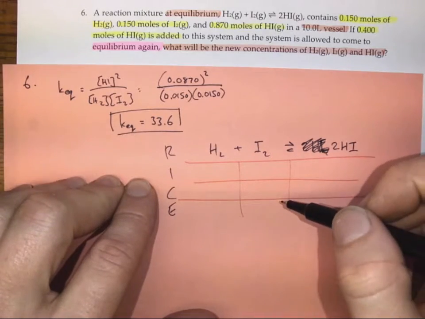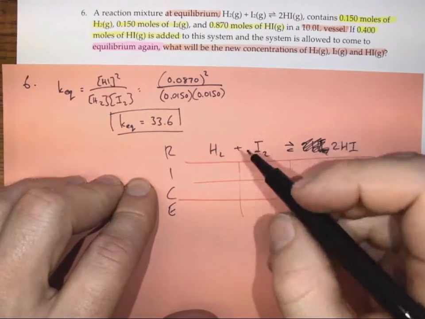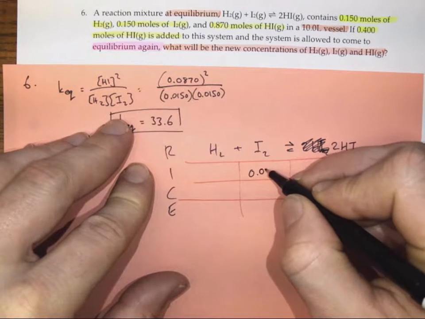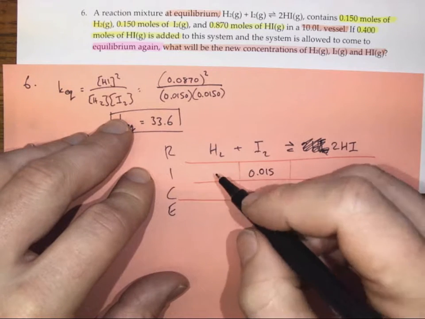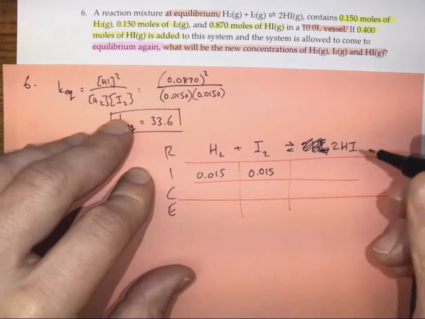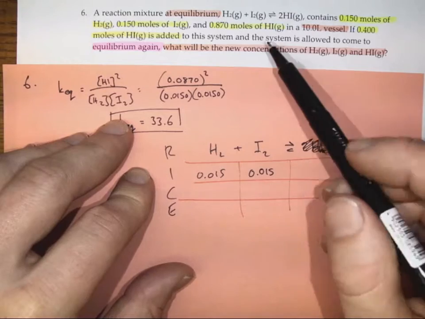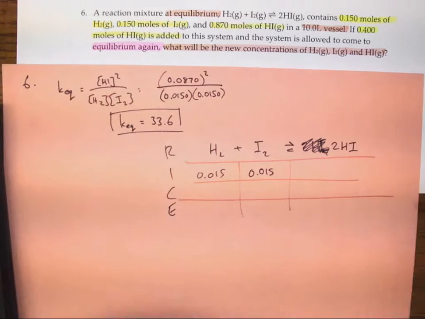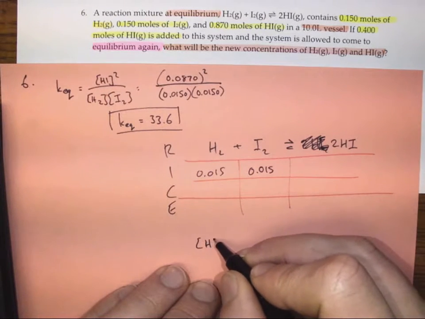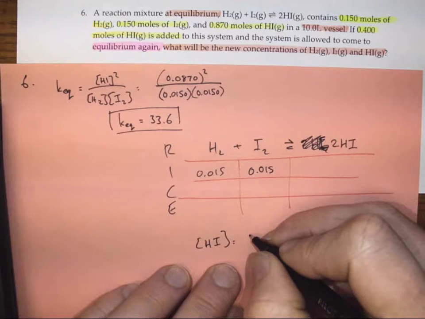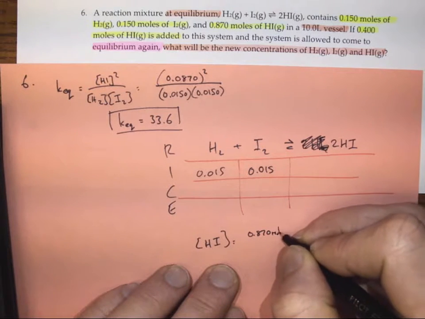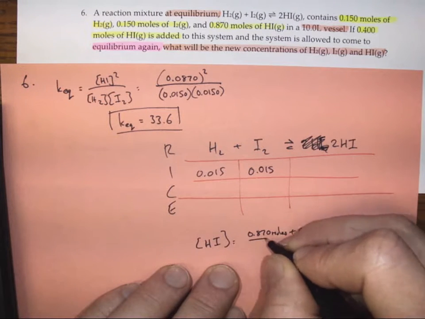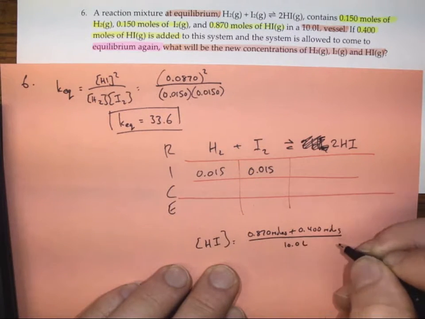Now, what do I know? I know I've got an initial concentration of iodine of 0.015 molar, and same with hydrogen. And my hydrogen iodide, I started with 0.87 moles. So the concentration of hydrogen iodide is going to be 0.870 moles plus 0.400 moles, all over 10.0 liters.